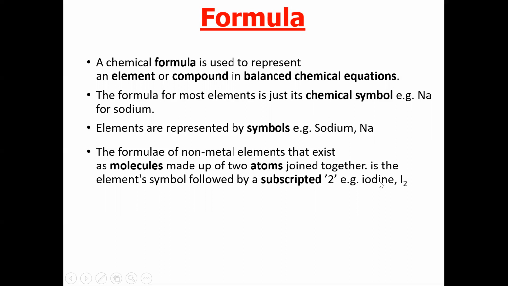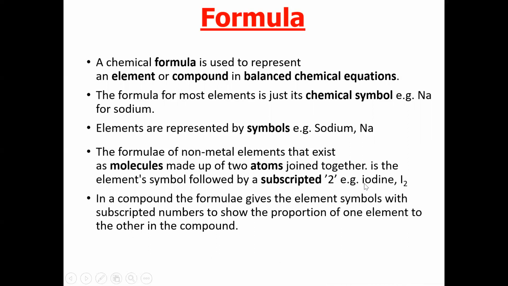So for example, here you have iodine. Iodine is I2. That means you've got 2 iodine atoms that are covalently bonded. In a compound, the formulae gives the element symbols with subscripted numbers to show the proportion of one element to the other in a compound.